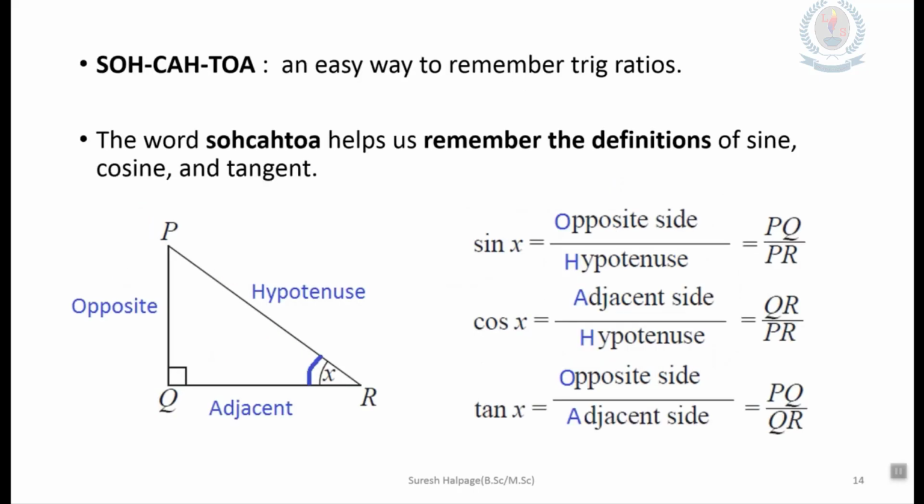SOHCAHTOA, an easy way to remember trigonometric ratios. The word SOHCAHTOA helps us to remember the definitions of sine, cosine and tangent.